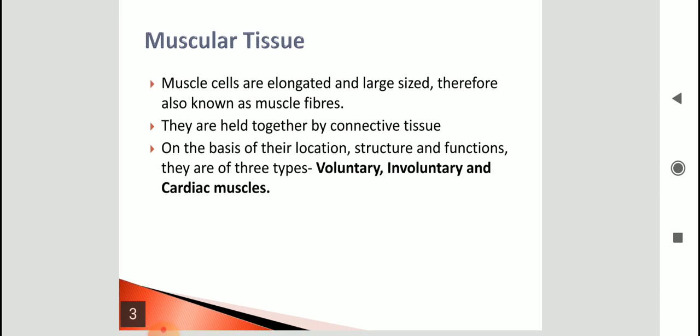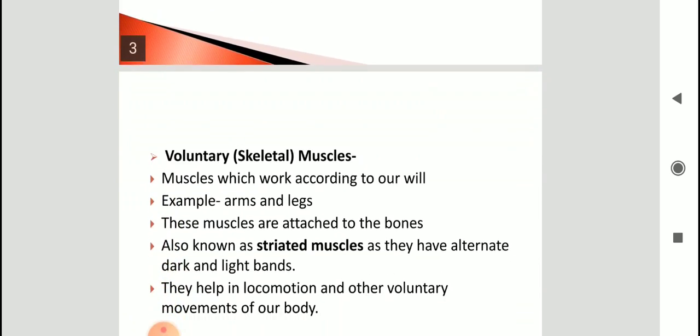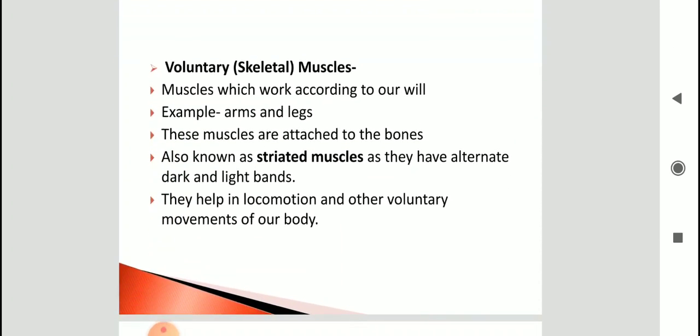We will start with voluntary muscles. Children, voluntary muscles are also known as skeletal muscles and striated muscles. Why? All the three names, whether we call it voluntary or skeletal or striated, there is some reason behind it. They are known as voluntary muscles because these muscles work according to our will.